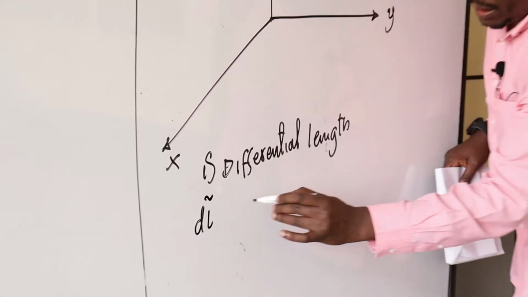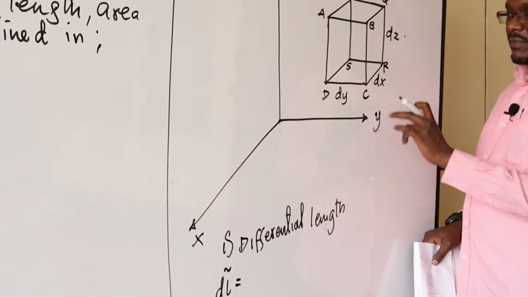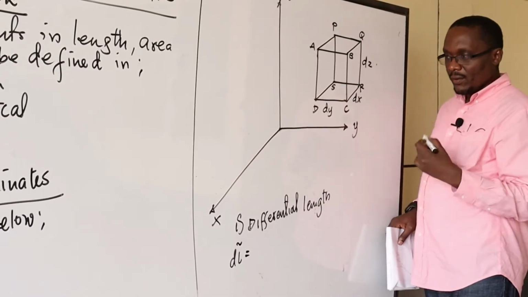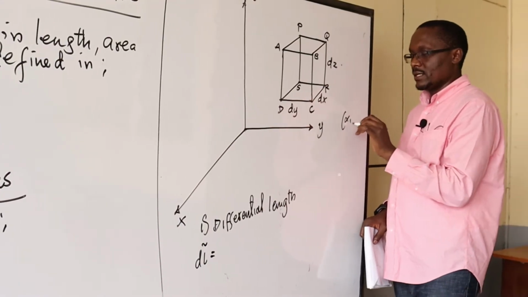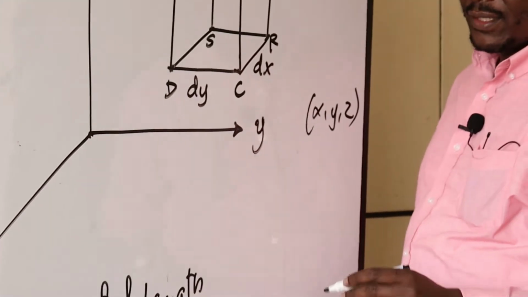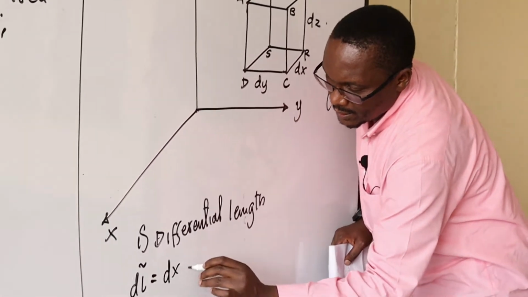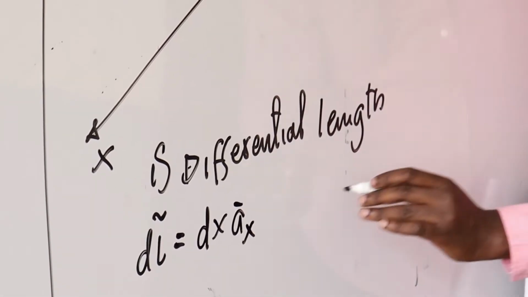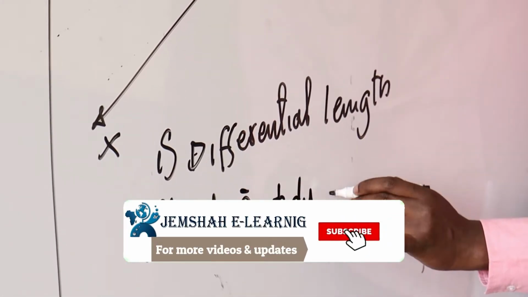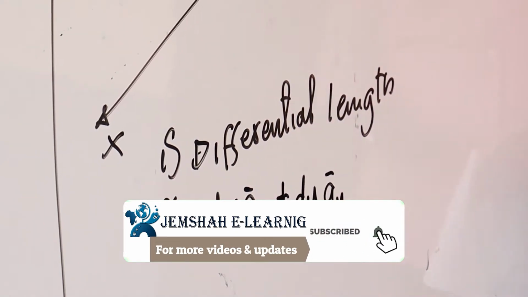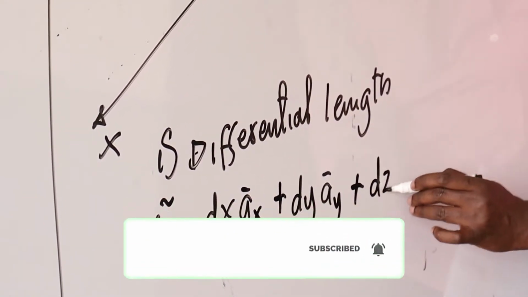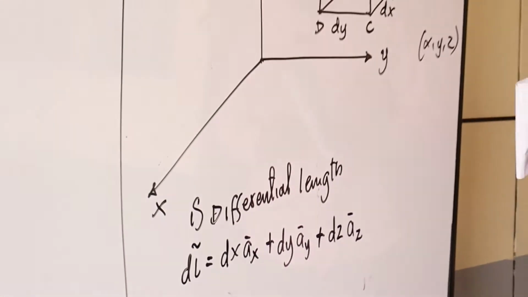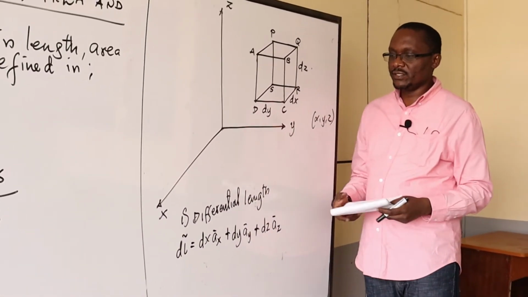That indicates that it is a vector, with magnitude along the x-axis, y-axis, and z-axis. In the Cartesian order of x, y, and z, along the x-axis we have dx with a unit vector of ax bar. Along the y-axis, we have dy with a unit vector of ay bar. Along the z-axis, we have dz followed by a unit vector of az bar. That is how we always represent our differential length.